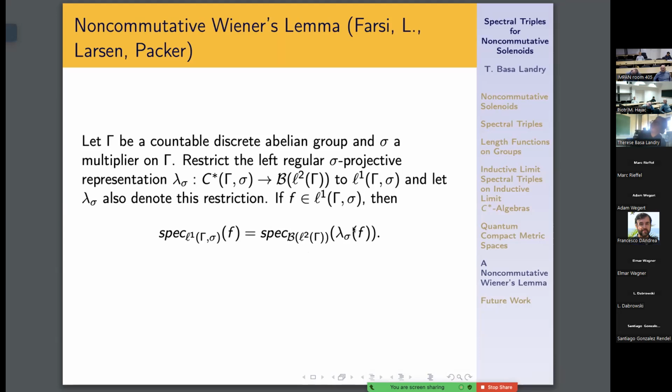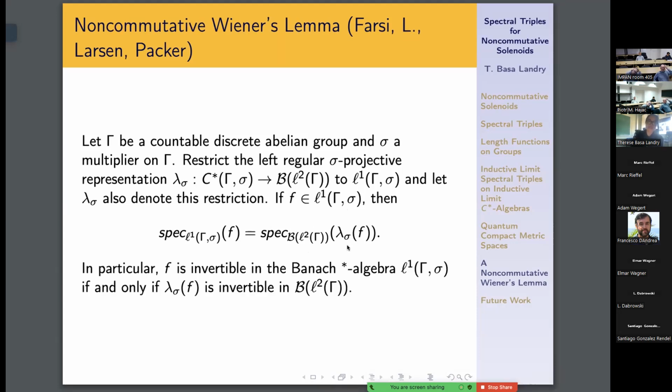And we needed that, with a result from Ludwig about symmetric groups, to get into a particular setting that Ari Alstad worked out to come to this conclusion. And of course, in particular, it means that we have invertibility in this Banach star algebra if and only if we have invertibility in the larger algebra.